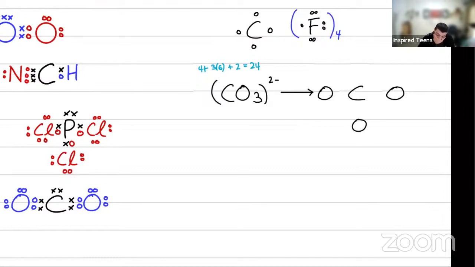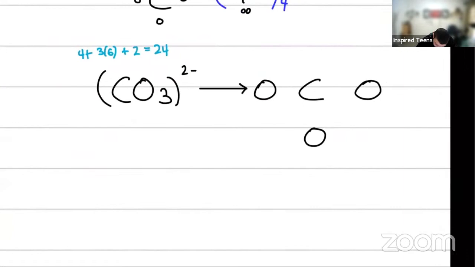Okay. And now we need to create a bond between each one, and fill the outermost orbitals with all its electrons.